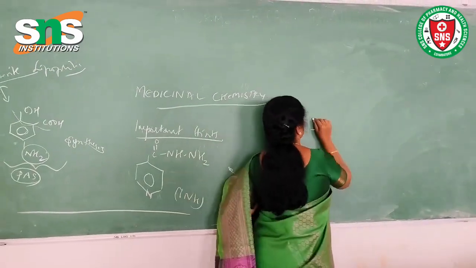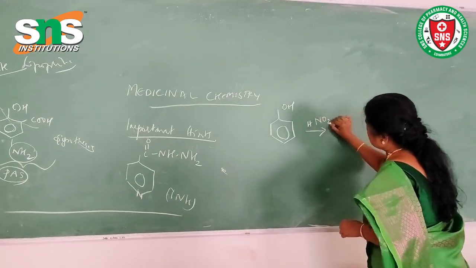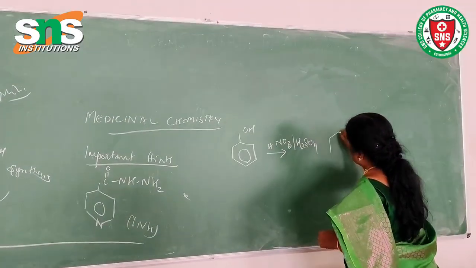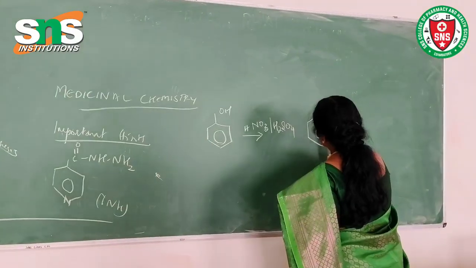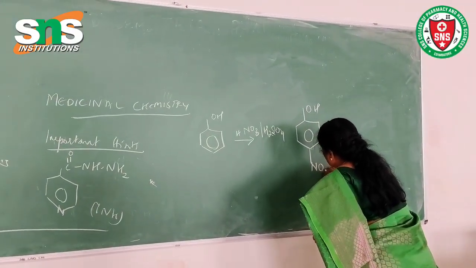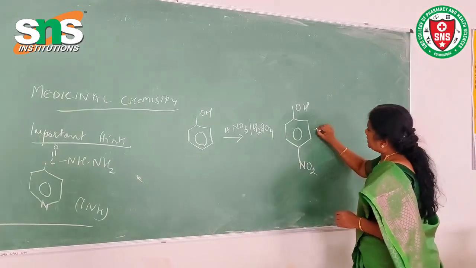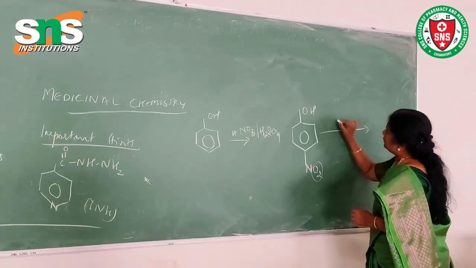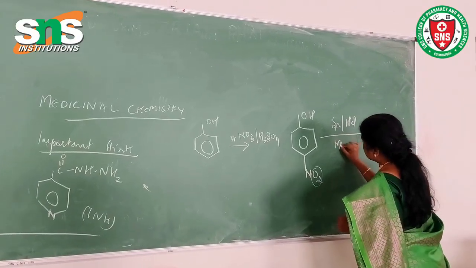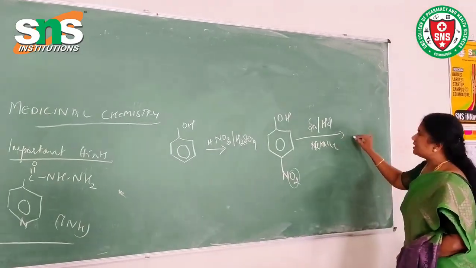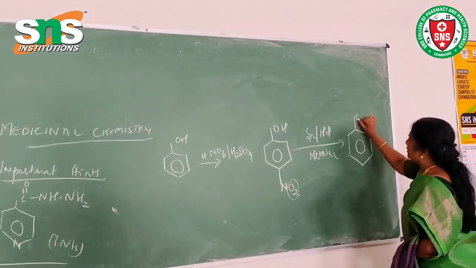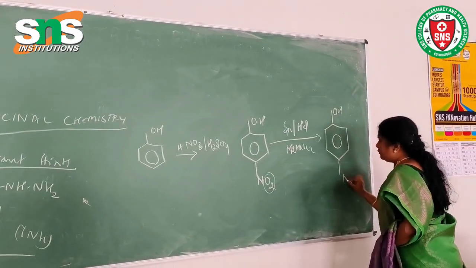the first step is phenol on nitration. You will get nitrophenol. In this nitrophenol, if you do a metabolic reduction, you will get aminophenol.